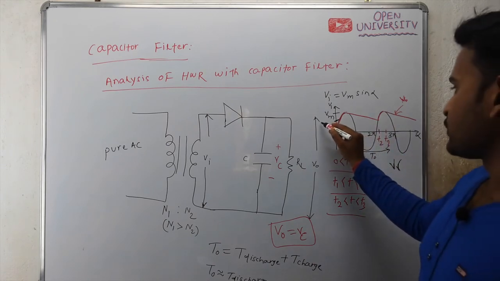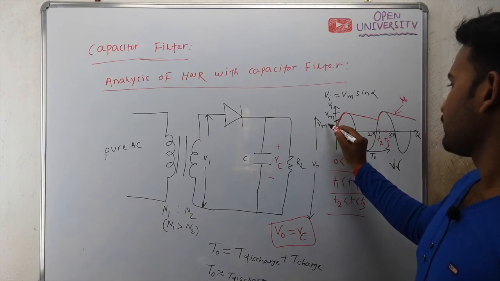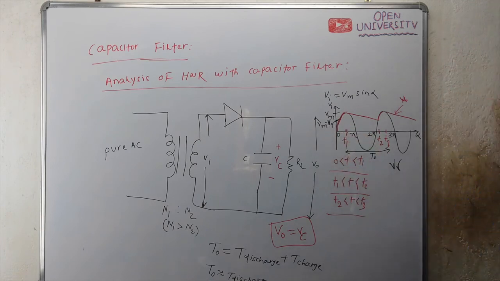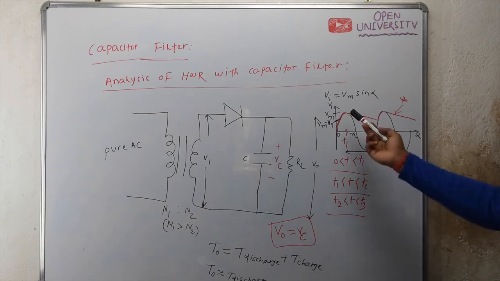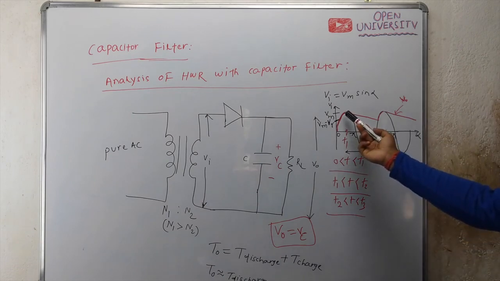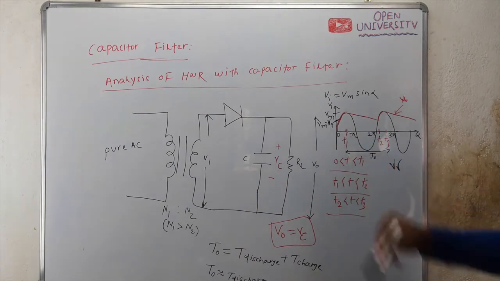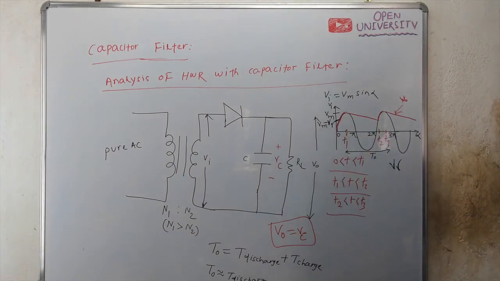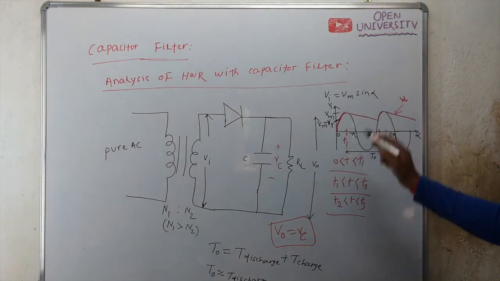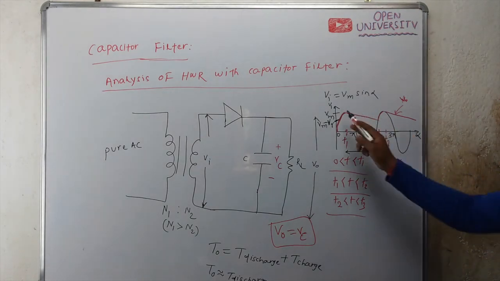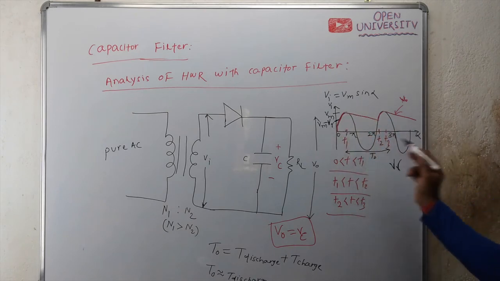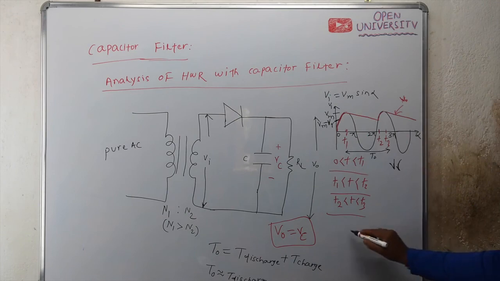So this will be Vm minus Vr. During discharge the capacitor voltage is reduced from Vm to Vm minus Vr. What is Vr? Vr is the peak to peak ripple voltage, maximum value to minimum value. So Vm minus Vr is your minimum output voltage.